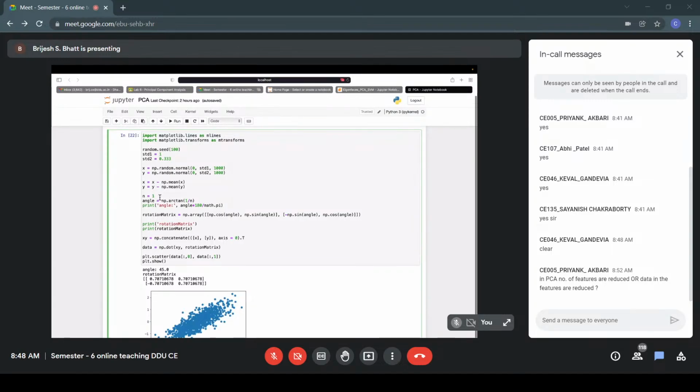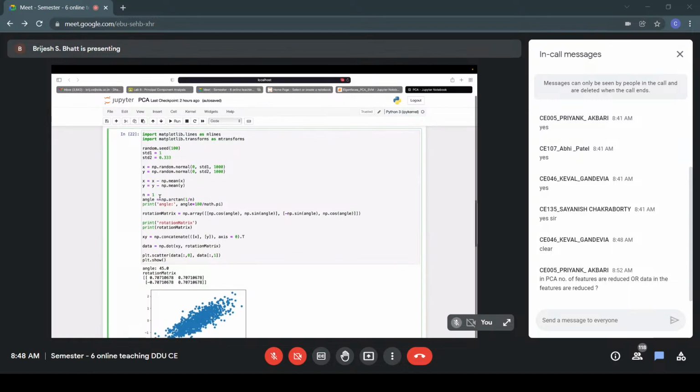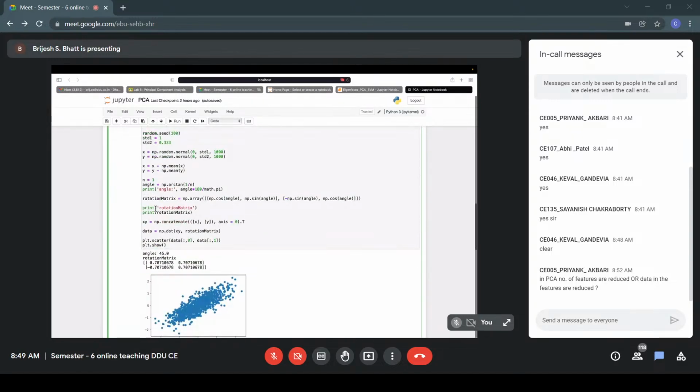But here, this example is used to give you an idea of the rotation matrix. As I said, this transformation is actually a rotation. How you calculate this rotation is shown here.